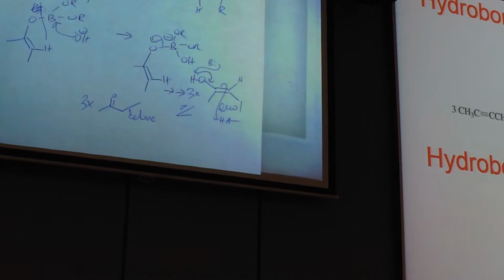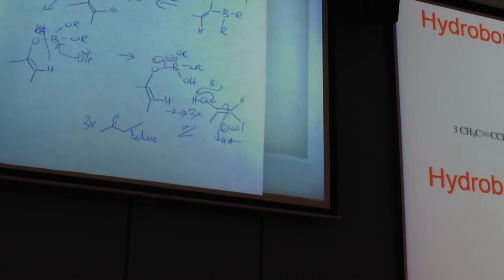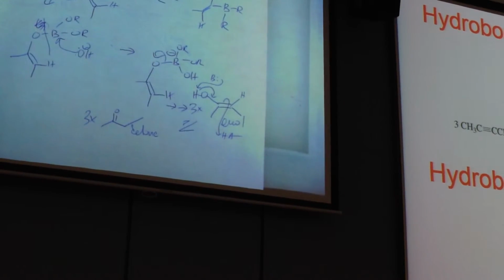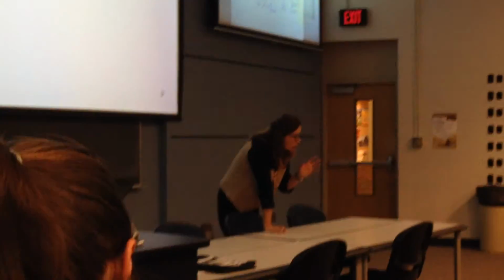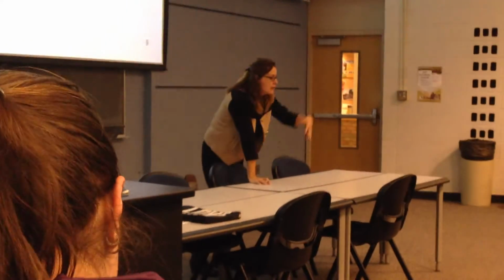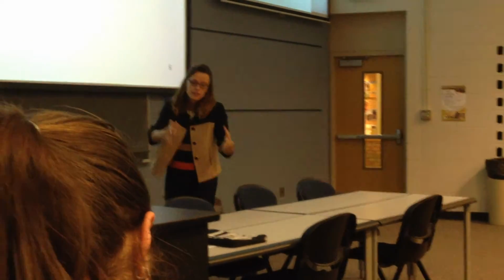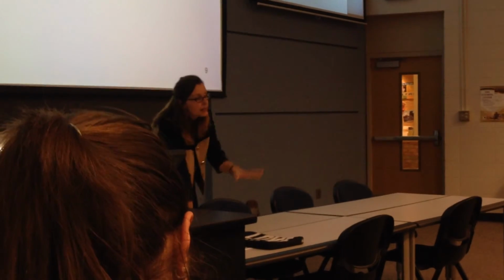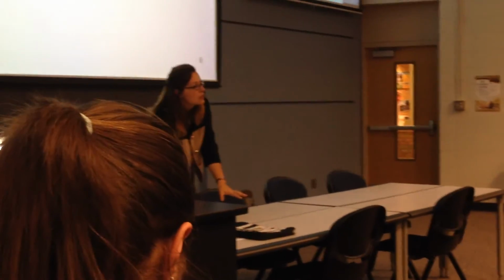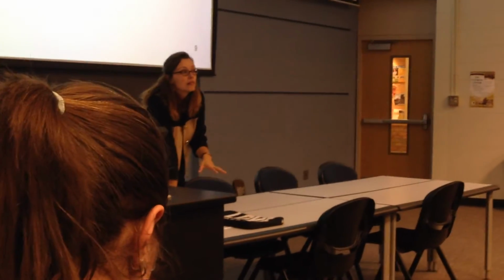You remember how with an alkene, water addition under acidic conditions gave you an alcohol, and then if this was an alkene, BH3, then oxidation gave you alcohol as well. Right?